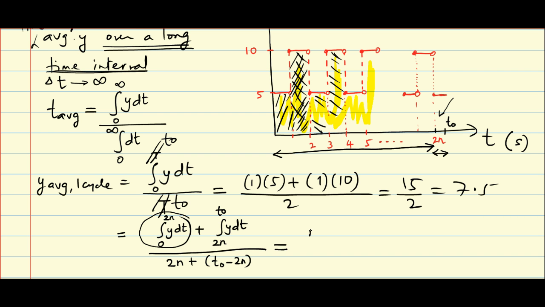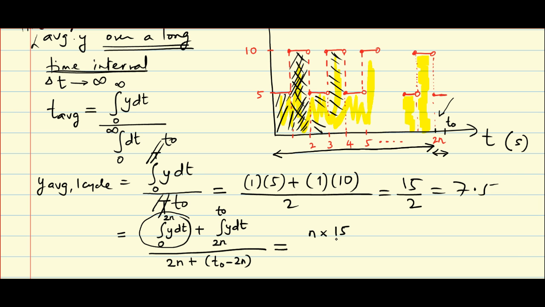So the first term corresponds to n times that area. Just to complete the figure, the last cycle we are currently considering is this cycle, so that's the nth cycle. In other words, the first integral is going to be n multiplied by 15.